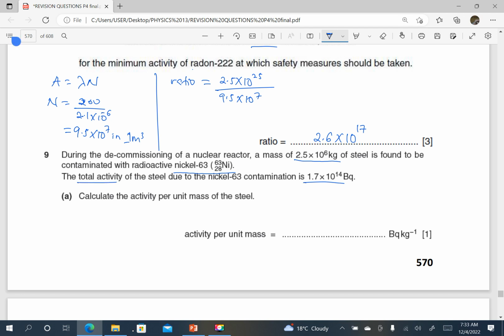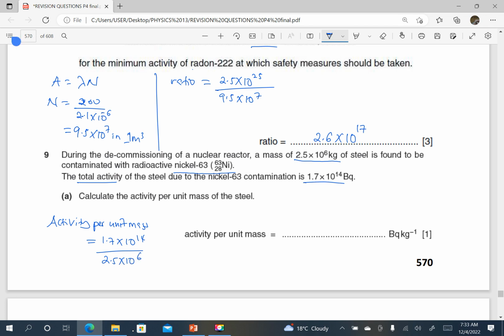So the activity per unit mass is going to be equal to the activity over the mass: 1.7 times 10 power 14 divided by the mass, which is 2.5 times 10 power 6.